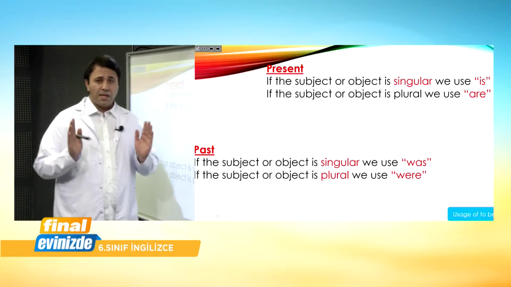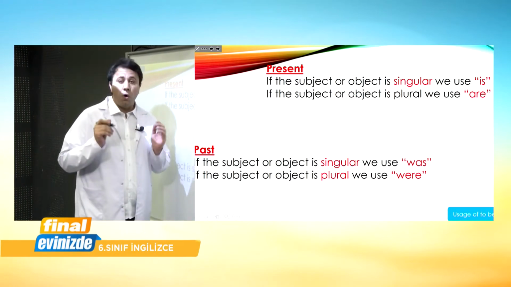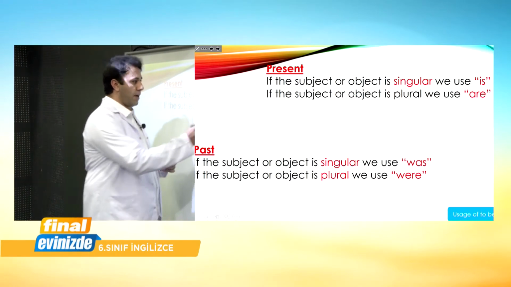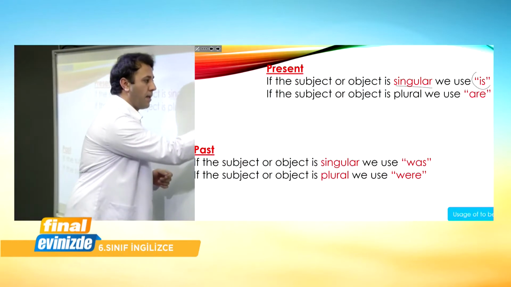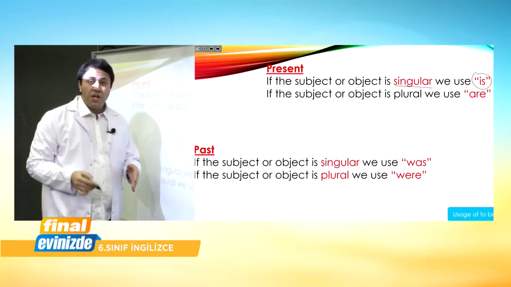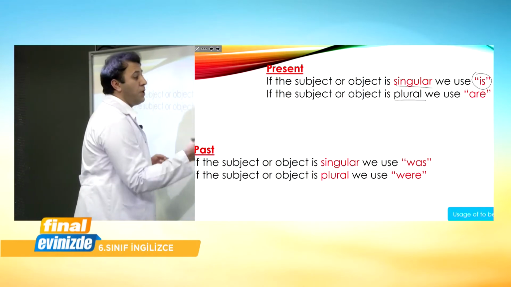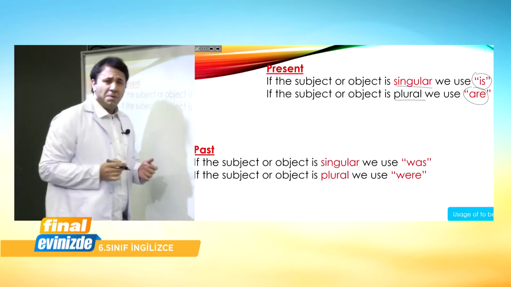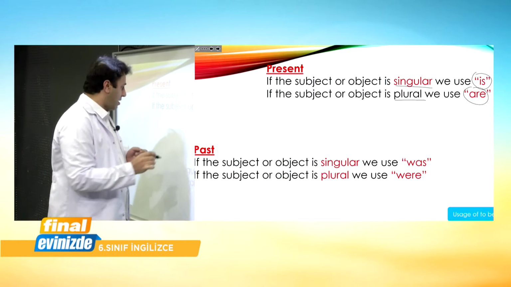Now, let's start with a basic rule. Remember, if the subject or object is singular, all right, we use is. If the subject or object is plural, we use are. But remember that we had exceptions.